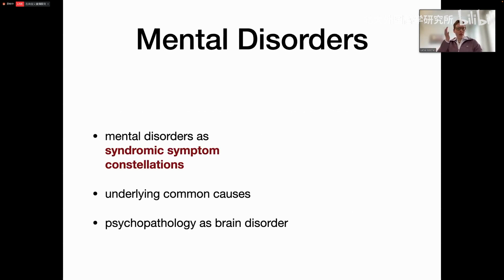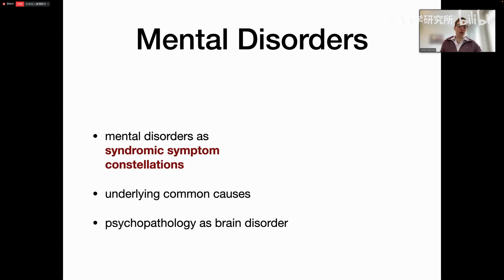All right, then. So what are mental disorders? Well, usually the standard view in medicine is that mental disorders are basically constellations of specific syndromes, syndromic symptom constellations. And these symptoms are supposed to have a common cause. So there's some kind of underlying common cause.